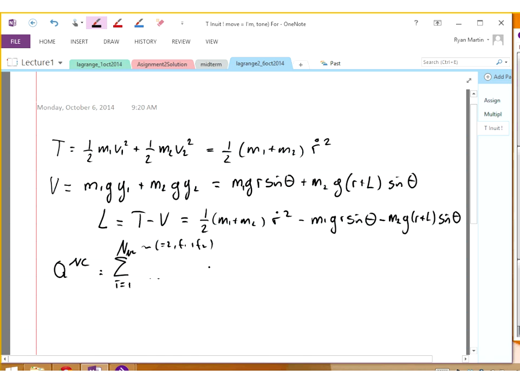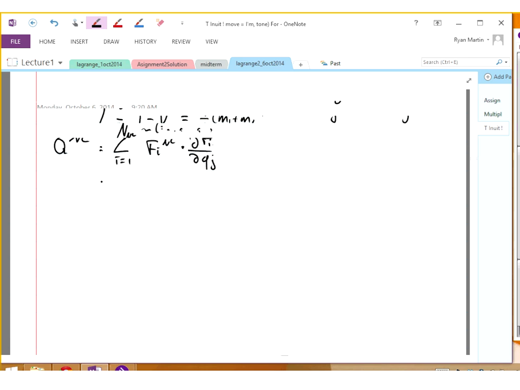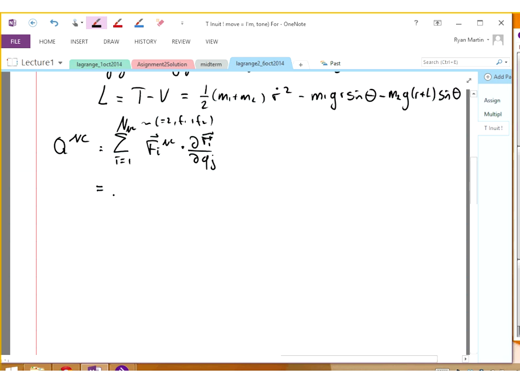And it's given by F_i, non-conservative force, dotted with ∂r_i by ∂q_j. And then the r_i vector is the location of where the force is exerted, right? So we have 2 forces, F1 and F2.